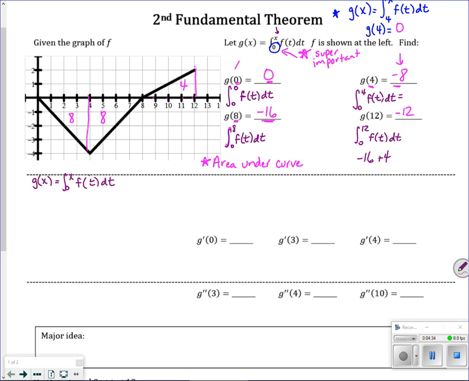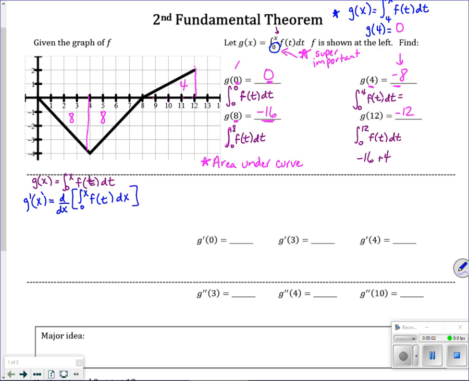Yes, that's the given statement. Now, if I wanted the derivative, g prime of x, that means that's the derivative of that integral. I just took the derivative of both sides, correct?